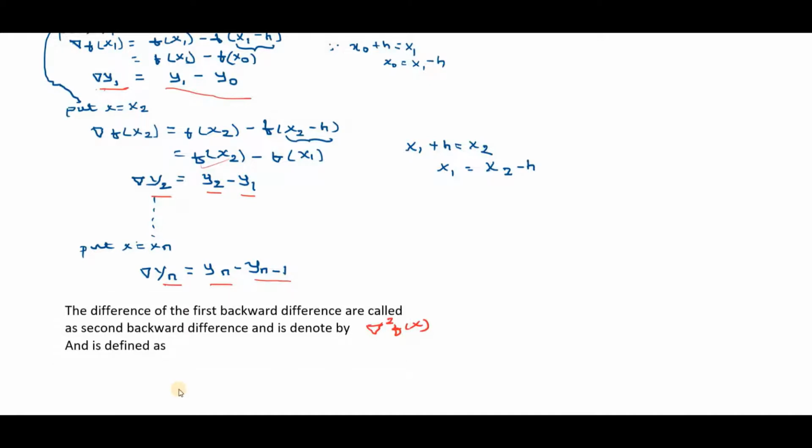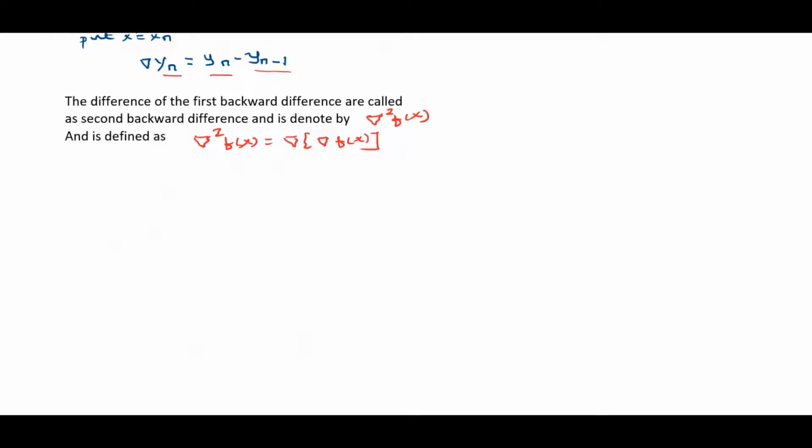Del square f of x is equal to del into bracket del f of x. We know that del f of x is the first backward difference, which is given by f of x minus f of x minus h.